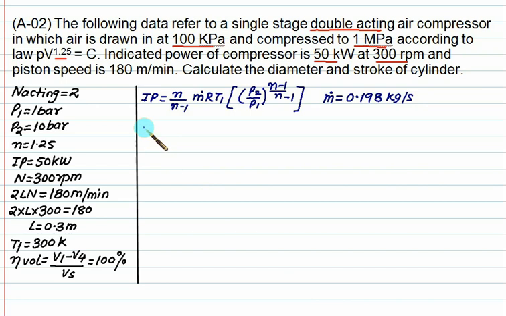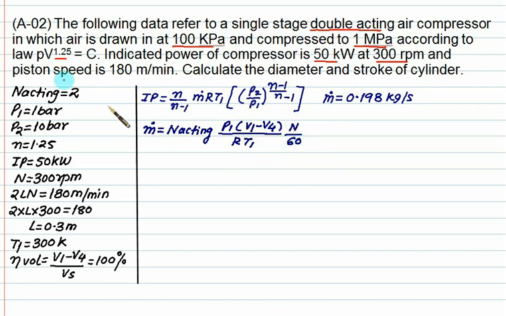Now once we know the m dot, we can write down the formula for m dot, which equals number of acting multiplied by P1 into V1 minus V4 upon RT1, which equals mass multiplied by n by 60.